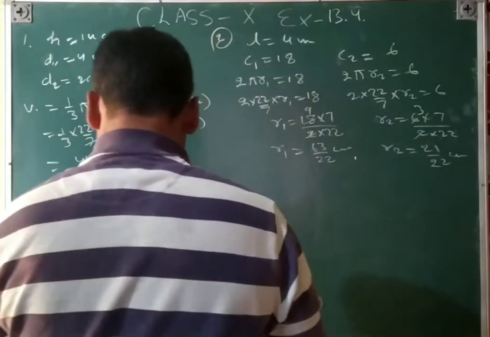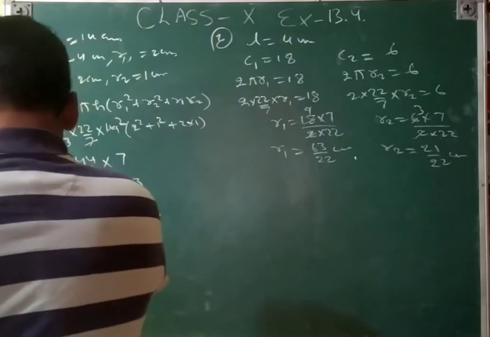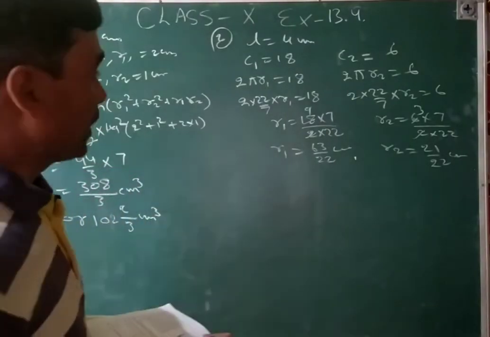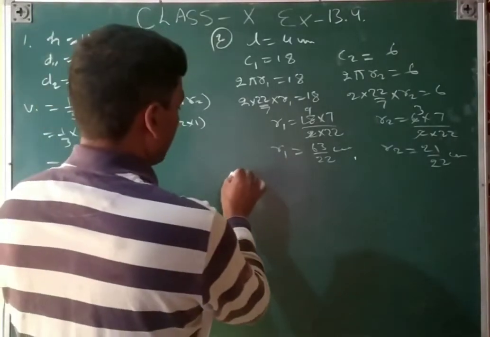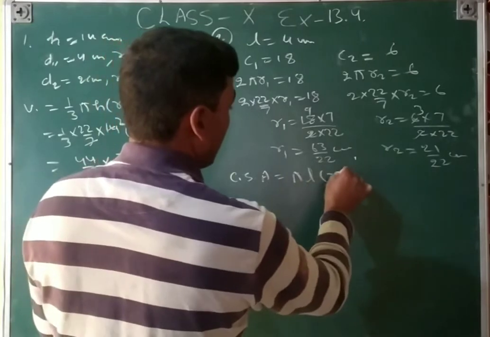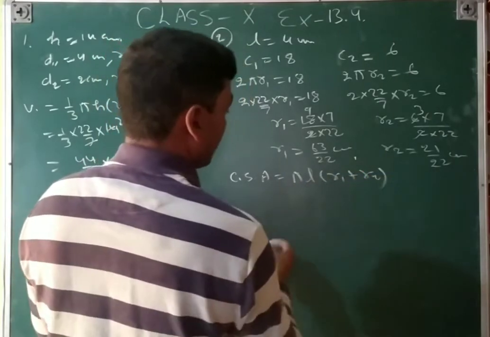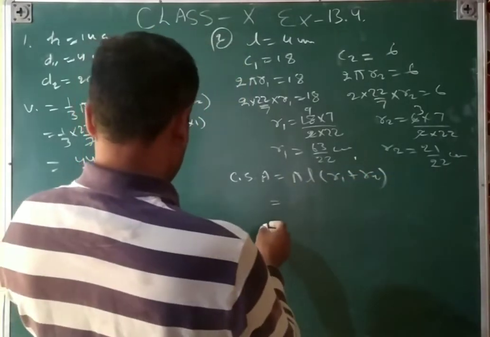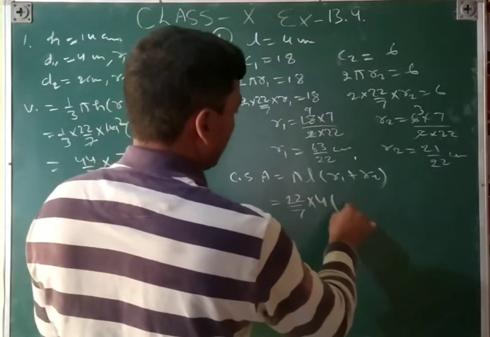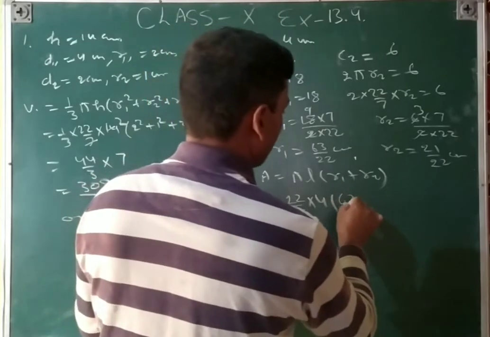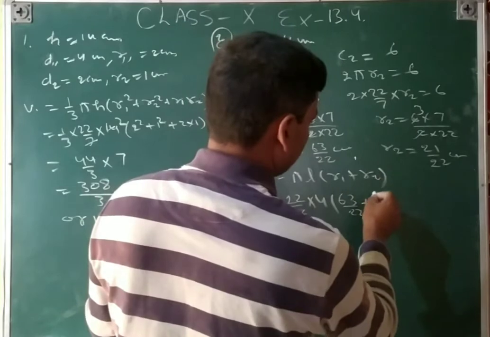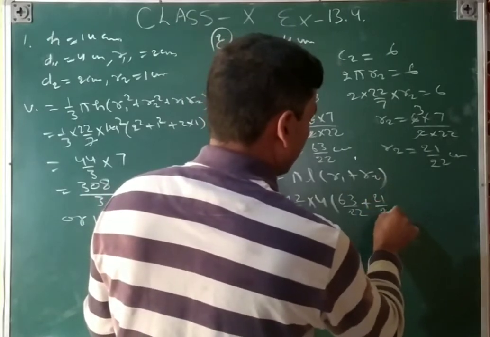And then we need to find the curved surface area of the frustum. Curved surface area, CSA, is equal to pi L (R1 plus R2). The pi value is not given here, so 22 upon 7 into L, which is 4, and then R1 is 63 upon 22 plus 21 upon 22.